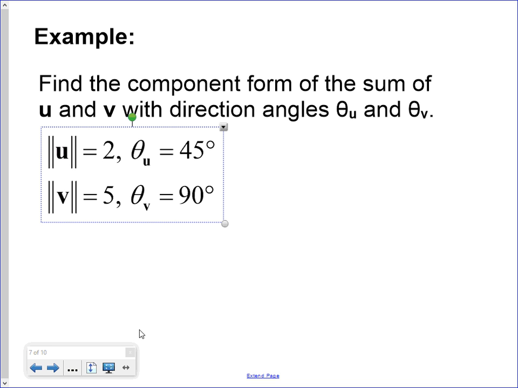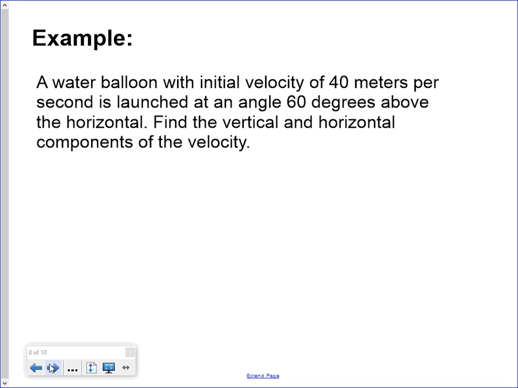So you can do a component form for u, a component form for v, and then you want the component form that is the sum. So then you just add them together. Okay, so sometimes you have to do multiple component forms and then add or subtract whatever the directions may say. Okay, so that would just be doing extra component form work.